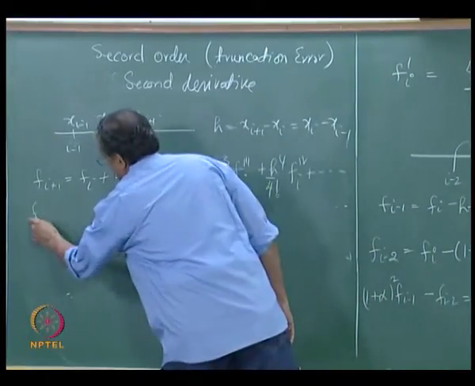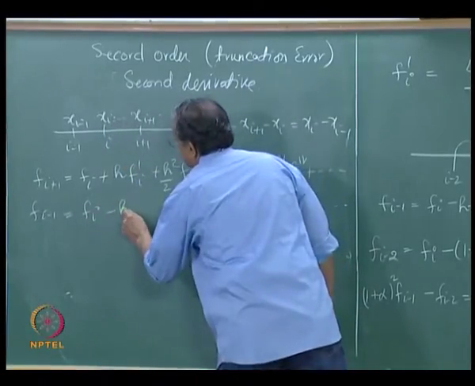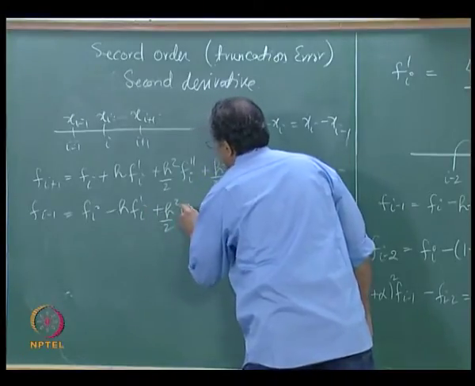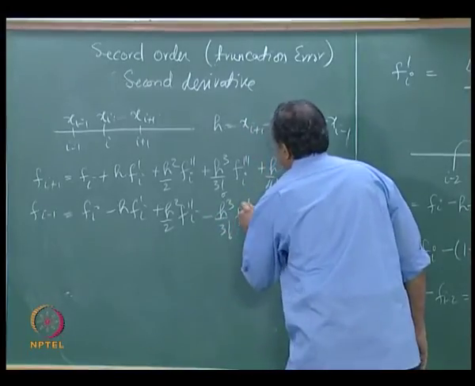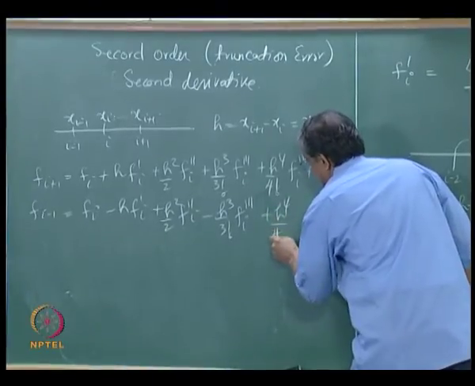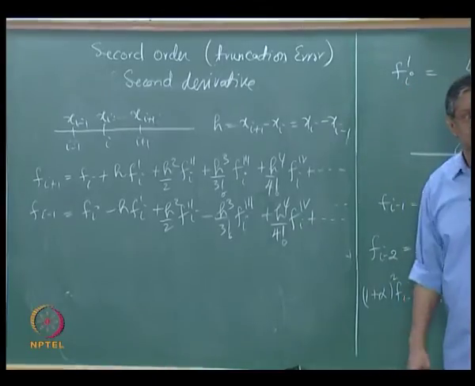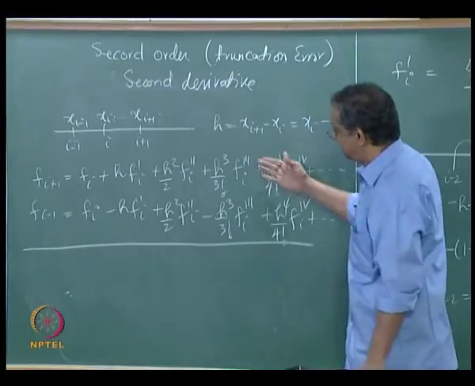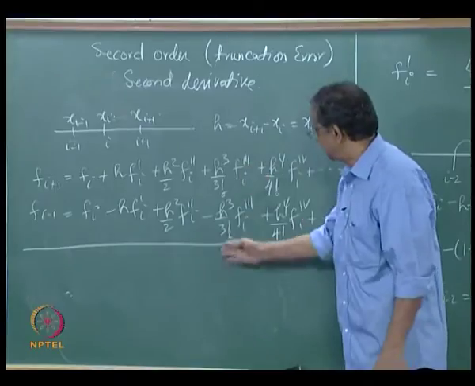So f at i minus 1 is f at i minus h times f prime at i plus h squared by 2 factorial f double prime at i minus h cubed by 3 factorial. So this is sort of a dreary process, but unfortunately you have to get it right, okay, otherwise it does not work. The detail is very important. So if I just add the two, this cancels, that cancels.